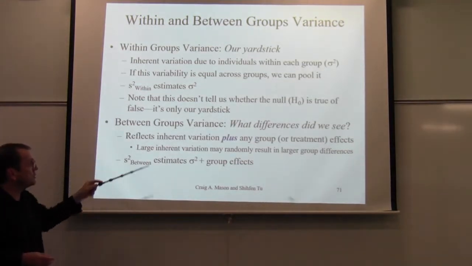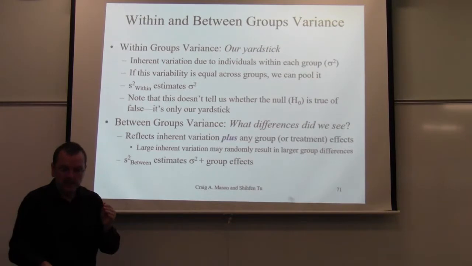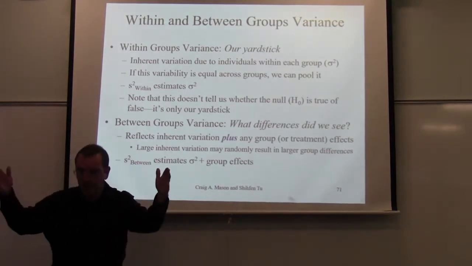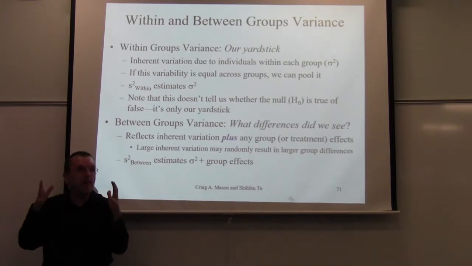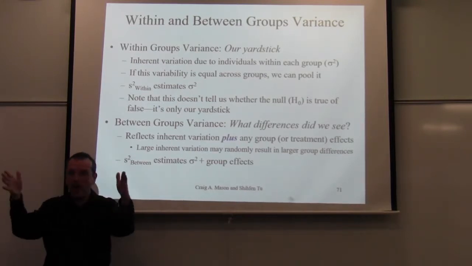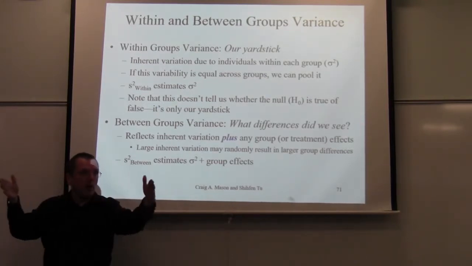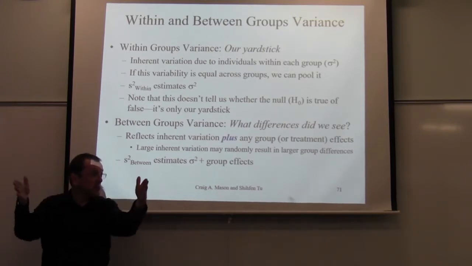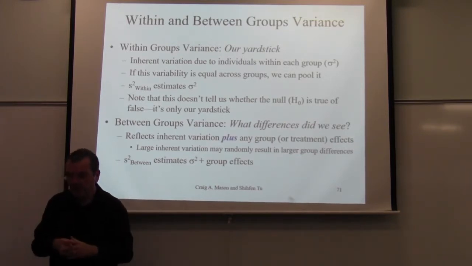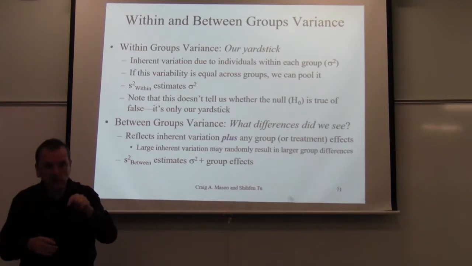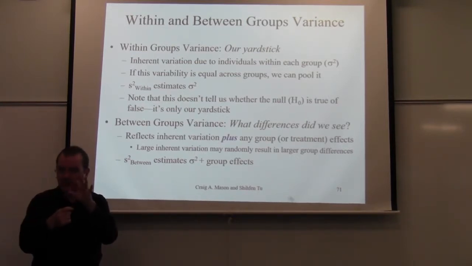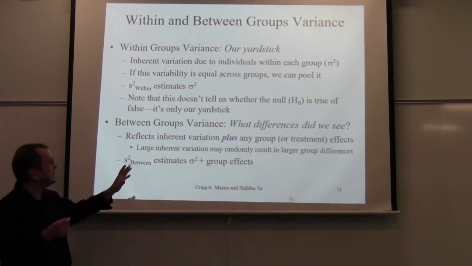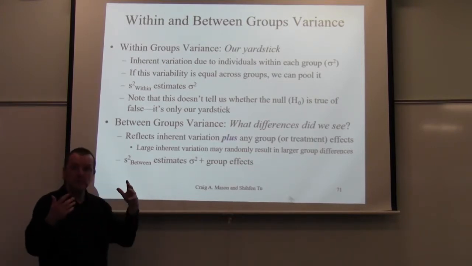So the yardstick is the within, and the between group variance is that difference that we see, that effect that we saw. How spread out are those samples, those averages. Now, the between group variance estimates that same sigma squared.